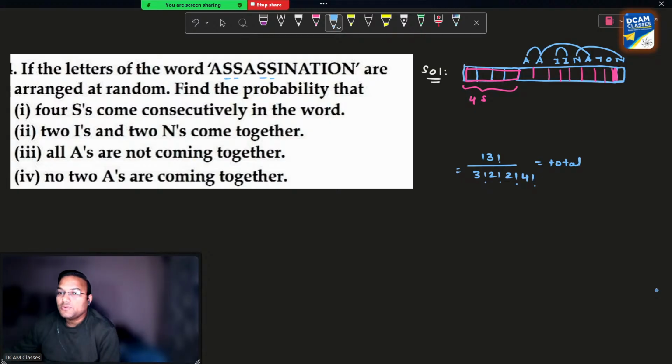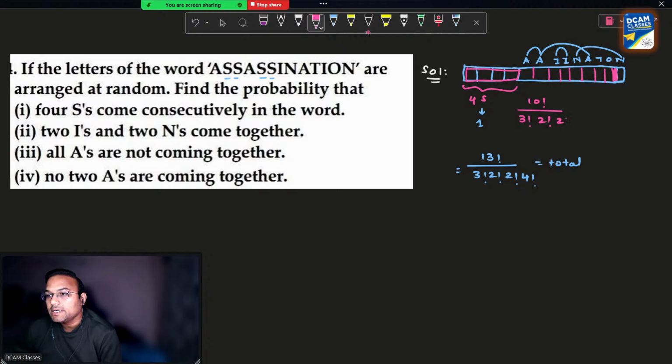So the 4 S's come together, that means we take them as one entity. With this, 10 letters are there. So the required case will be 10 factorial divided by 3 factorial into 2 factorial into 2 factorial, since 3 A's, 2 I's and 2 N's are there.